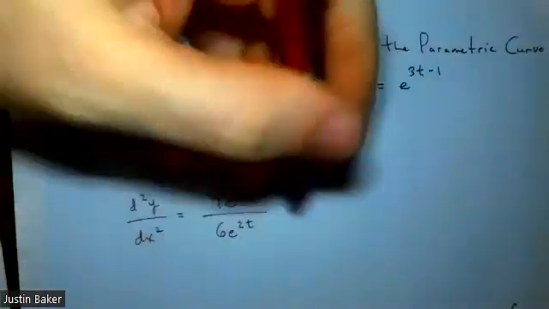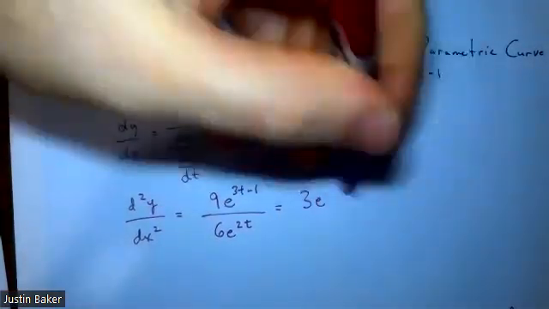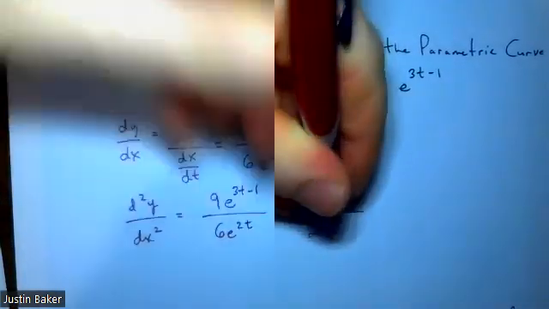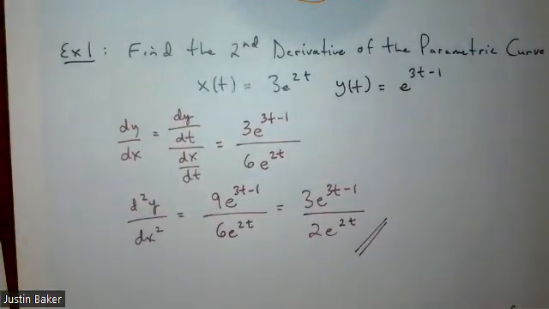Then we can simplify this because this would definitely land under multiple choice. So the answer we would have been looking for is 3e to the 3t minus 1 over 2e to the 2t. And we have a second derivative.